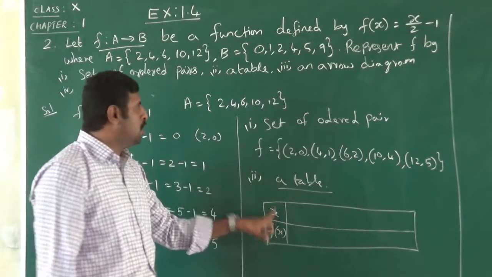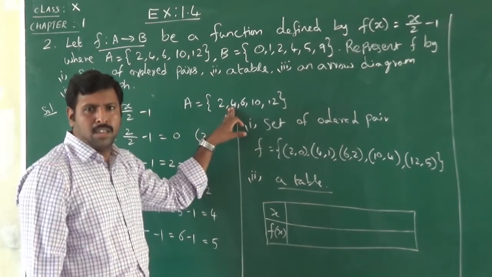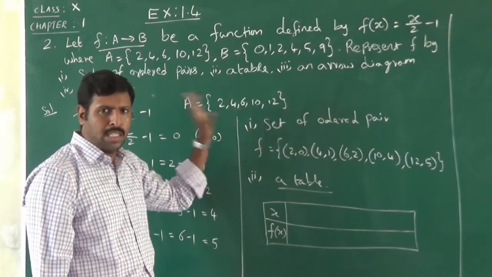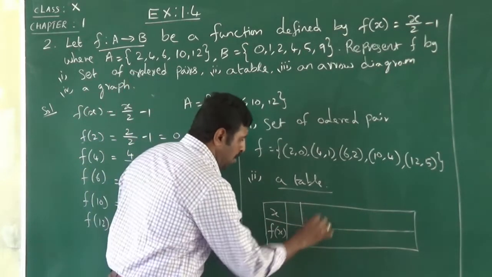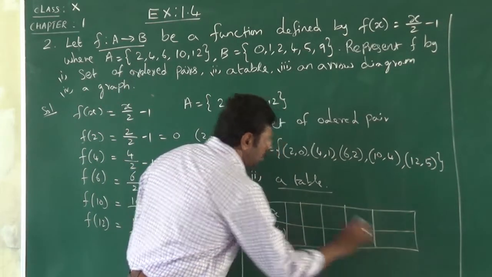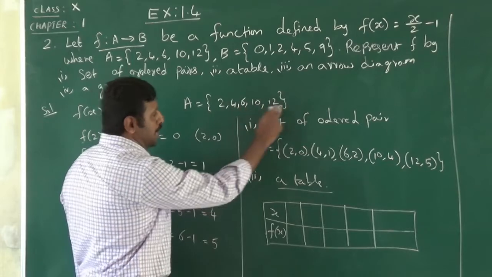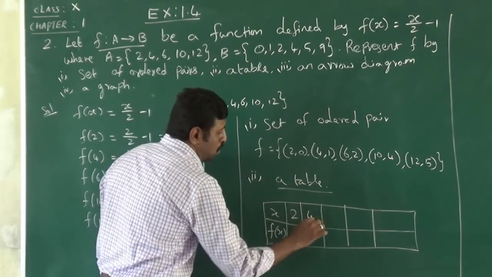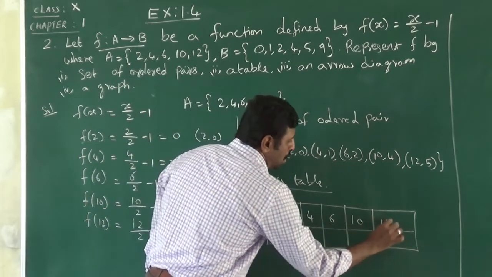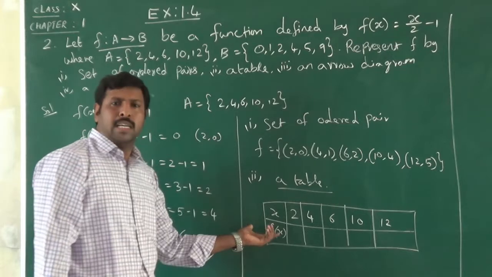We know that A is the domain set, so the domain values are the x values. Here 2, 4, 6, 10, 12 are the domain, the x values.